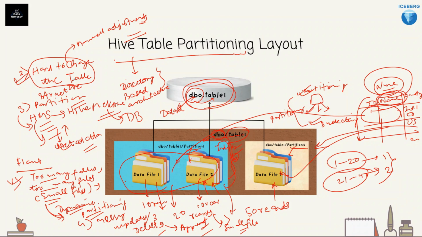Some companies still use it, because Hive has now become a legacy system, so it's being utilized by certain organizations which have been using Hive. But right now, all the data systems being developed on modern data architecture utilize Apache Iceberg as a table format. Because it's also universal, and what I mean by universal, we'll talk about in the upcoming videos. So Apache Iceberg is the way to go.